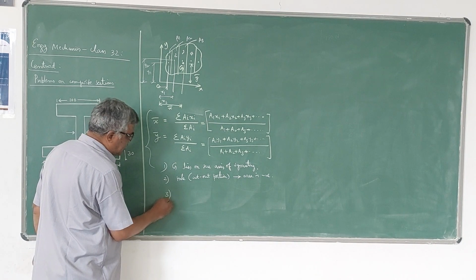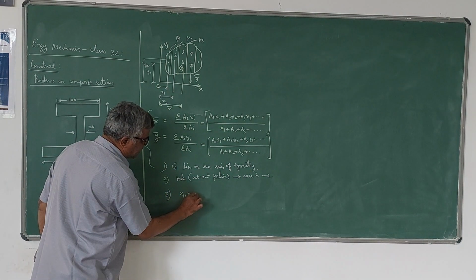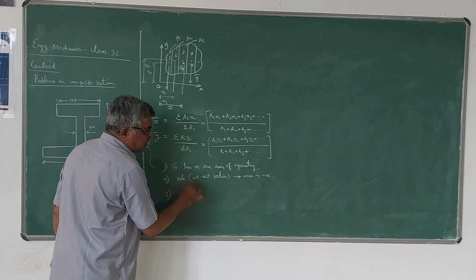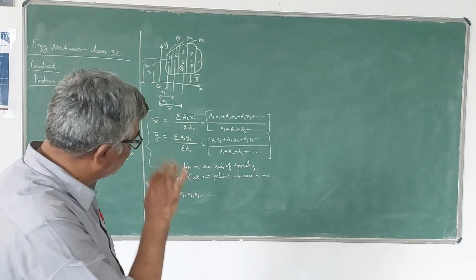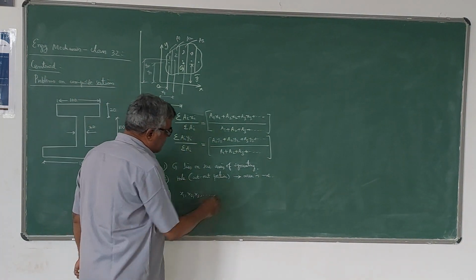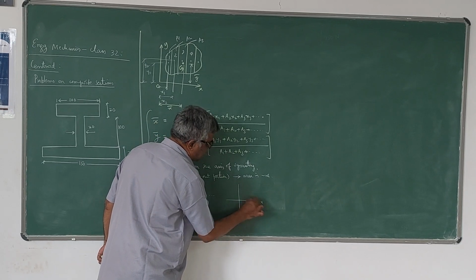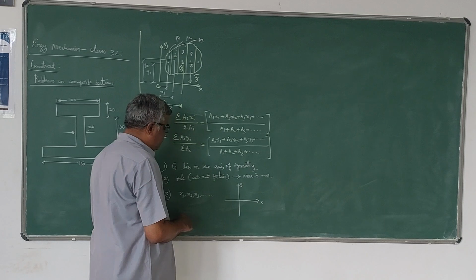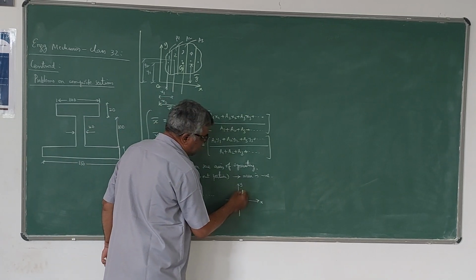Then the third one is when you are finding this x1, x2, x3, that is the location of the centroid from the y-axis. Centroids of the simple sections from the y-axis, x1, x2, x3. The sign convention we have to follow is, suppose this is the x-axis, this is the y-axis.